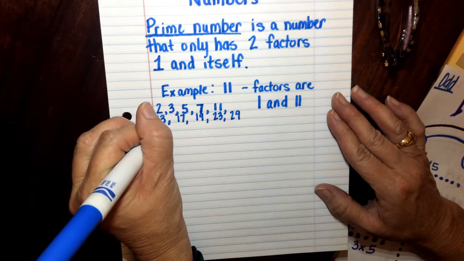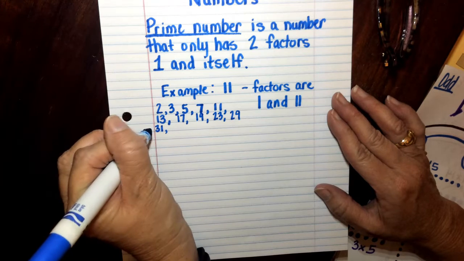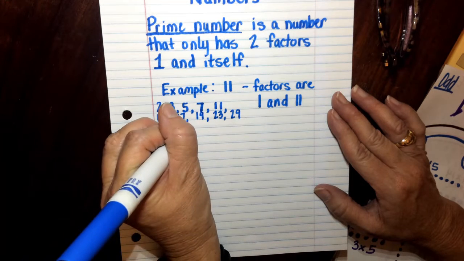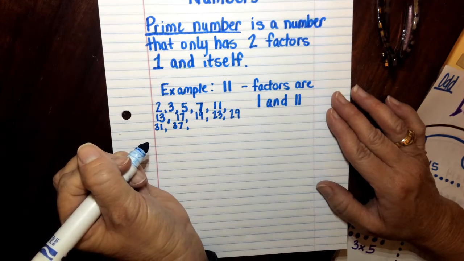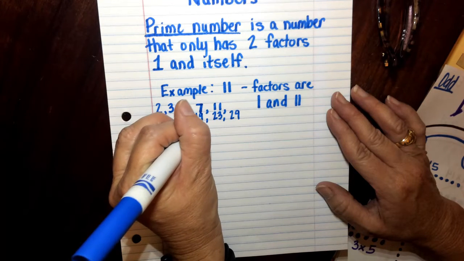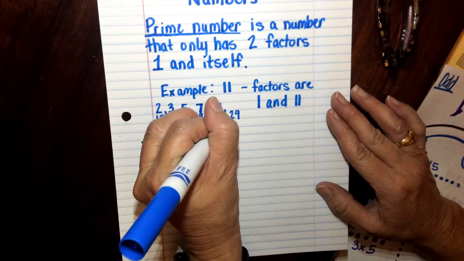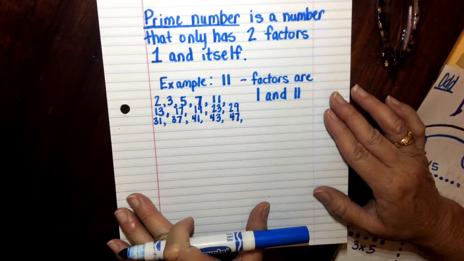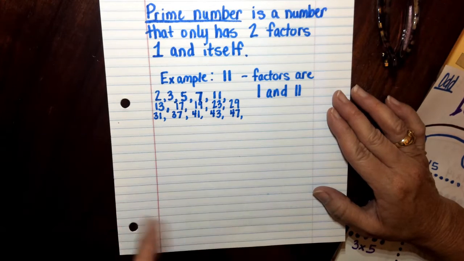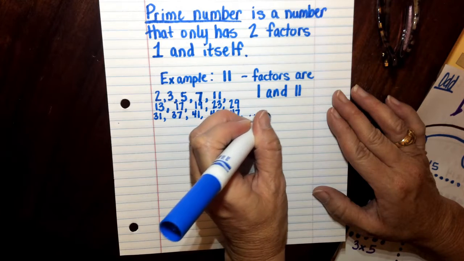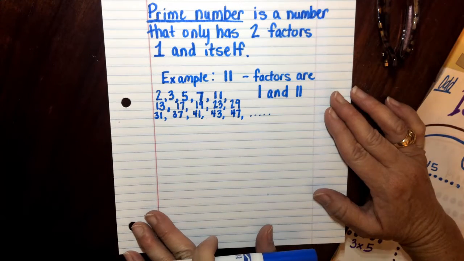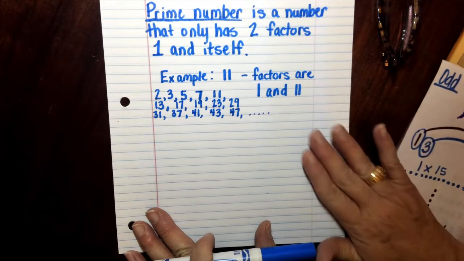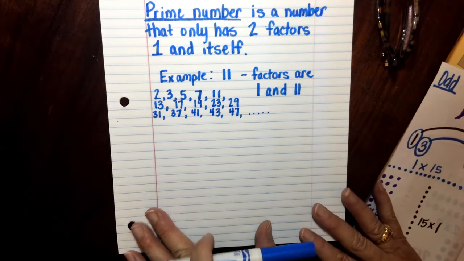We have the number 31, and we have the number 37. And then we have 3 in the 40s. So those numbers are 41, 43, and 47. All right, so that gets us all the way up to 50. Now there are more past the number 50, but those are the ones that I want you to put in your notes for now. We can add some more later if we need to.